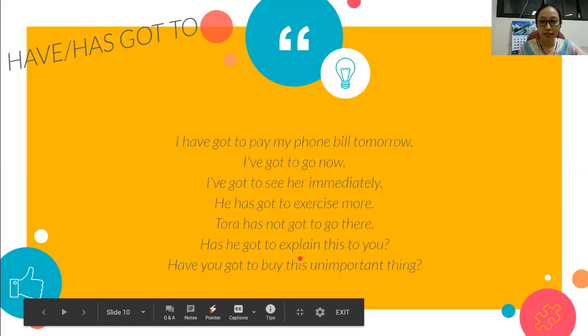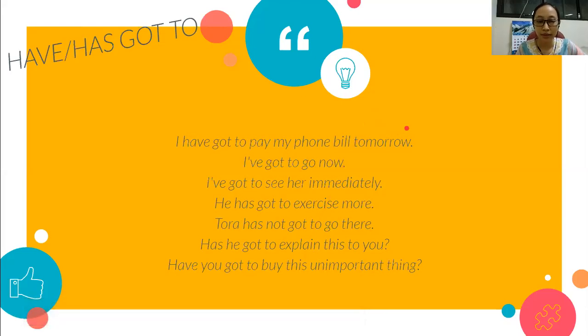And the last one is for informal situation. Ini hanya untuk situasi informal. I got to go now. I've got to go now. Nah, sering mendengar kalimat itu. That is for informal situation. And other examples are, I've got to pay my phone bill tomorrow.